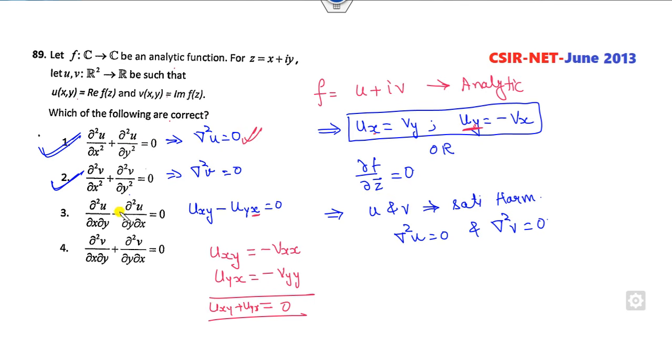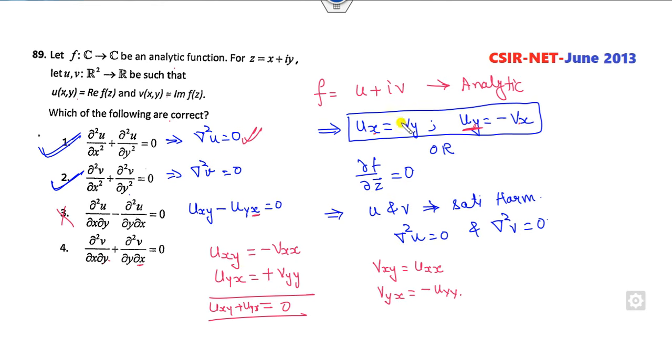So this is not true. This is true. Why is this true? Now this is for the v. So v of y, if I take this with respect to x, and this with respect to y, v of yx is minus uyy. Sorry, this is a plus.